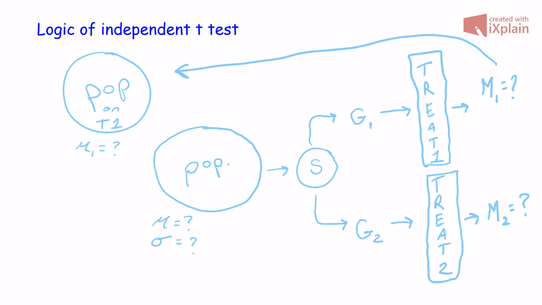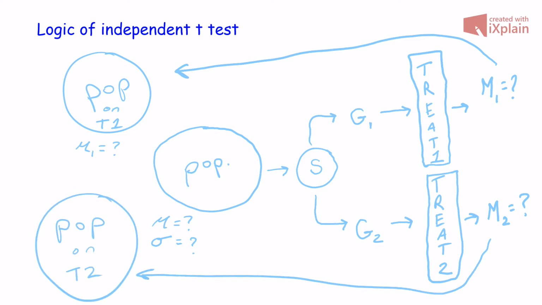In other words, it's trying to estimate what mu sub 1 would be, what the mean of the population would be if everybody got treatment 1. Similarly, this mean down here is trying to represent what this population would be like if everybody were on treatment 2. It's trying to represent mu sub 2. And of course, the null hypothesis is that these two population means would be the same.